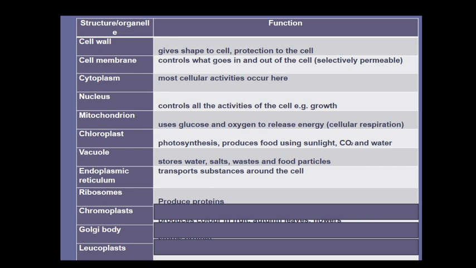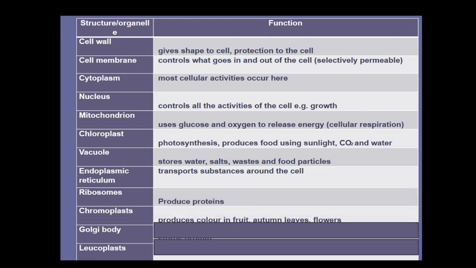Next one, we find chromoplast. I always think chromoplast starts with the letter C, so I think it produces the color in the fruit, in autumn leaves, and in flowers. So if you think about a beautiful red rose, it's red because of the chromoplasts. Right, and then the next one, Golgi body.